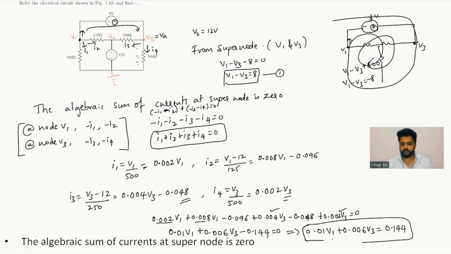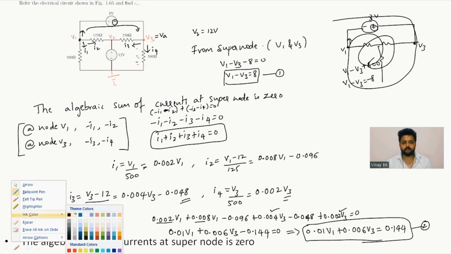Now you solve equations 1 and 2. You'll get the value of V1 and V3. That V3 is nothing but VA. So keep your calculator in equation mode, two unknowns: 1, minus 1, 8. Here 0.01, 0.006, 0.144. So you can get V1 is 12 volts, but we want V3, that is nothing but VA.